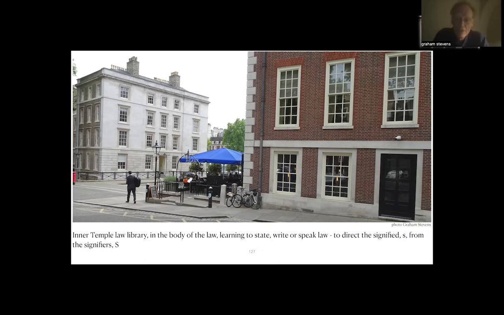In a way, it's directing the signified from the signifiers. Everyone sees the same signifiers, but the signified is obviously an infinite choice that comes from within the person. The person themselves, depending on their individuality, chooses the signified.